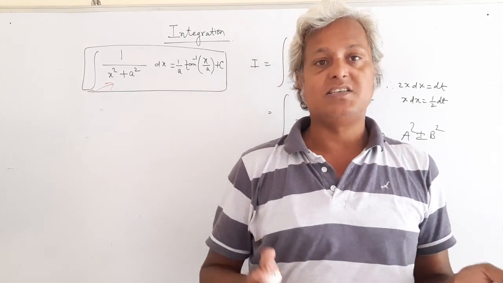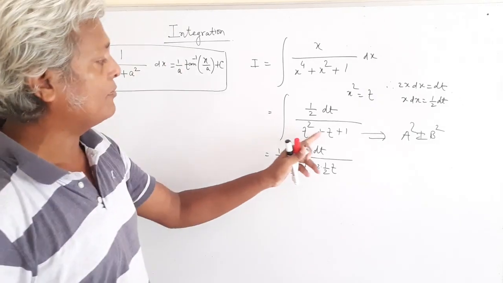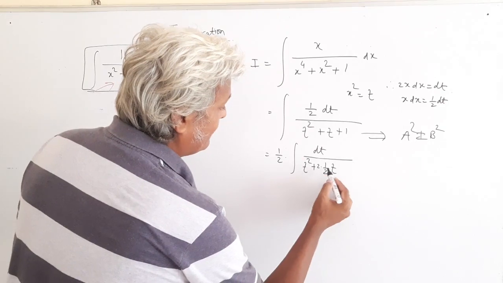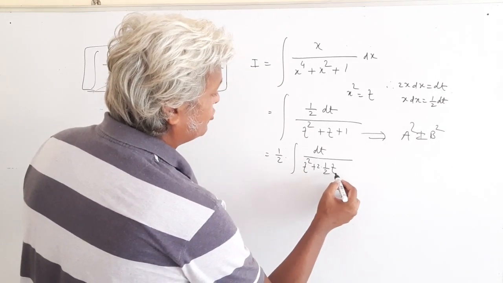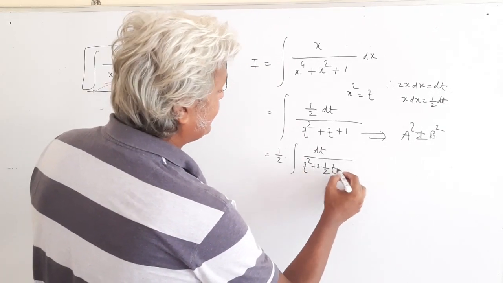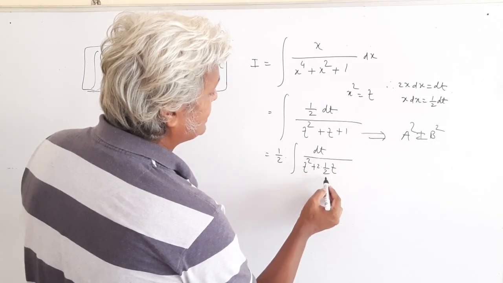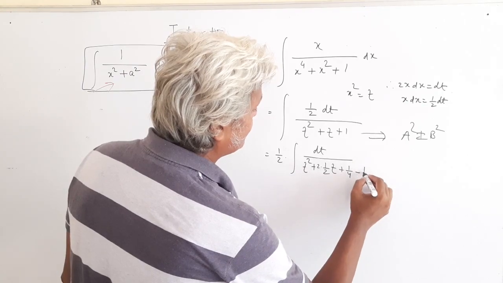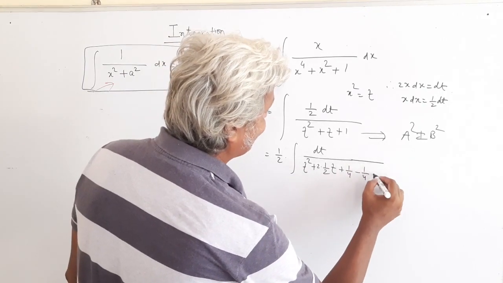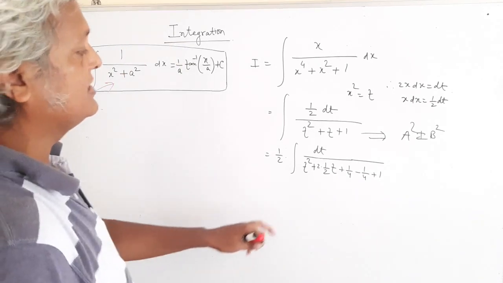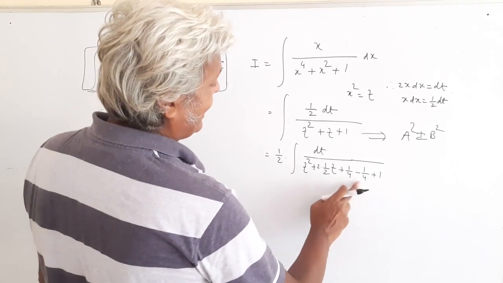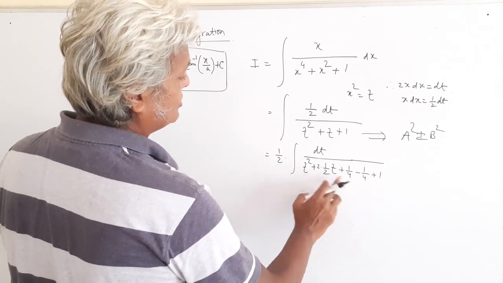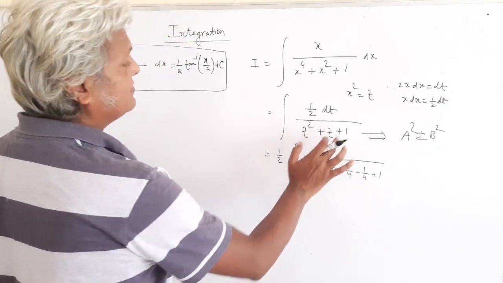So I try to get my 2ab form, t square plus 2 into 1 by 2t, and then I need b as 1 by 2, so I need 1 by 4, and then I need to subtract 1 by 4 because I cannot add anything to the question, otherwise the question will change. So here you see 1 by 4 added and subtracted nullifies the effort, so this whole expression is nothing but the very same thing.